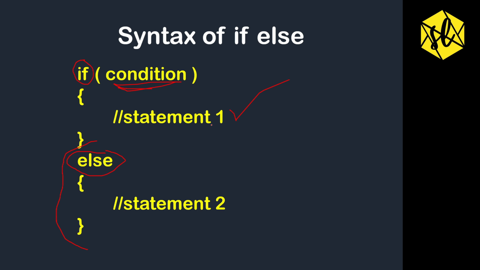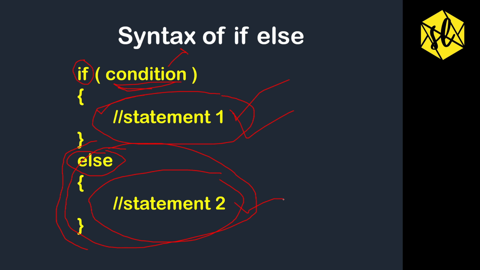Let's say the condition is false, then this statement will be skipped and the else part will run. We will repeat. If the condition of if else is true, then the block inside the if will run or execute. But if the condition is false, the block inside the else part will execute.